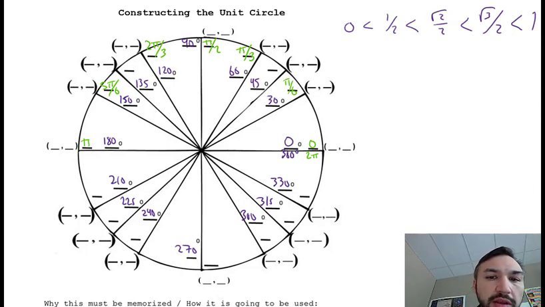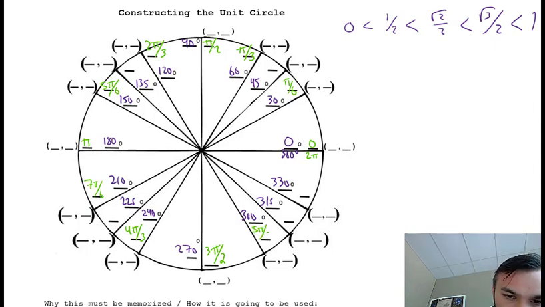You can keep going. So that same distance I added for 1 pi over 6, I can keep going. So if this was 6 pi over 6, this would be 7 pi over 6, 8 pi over 6, I'm reducing, 9 pi over 6, reduced, 10 pi over 6, 11 pi over 6, and then 12 pi over 6 reduces to 2 pi, which I know.